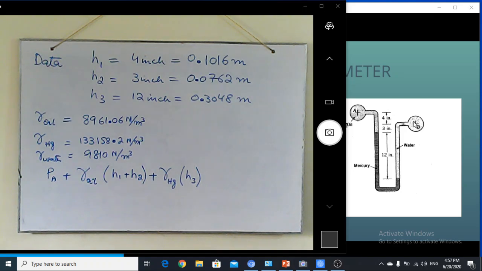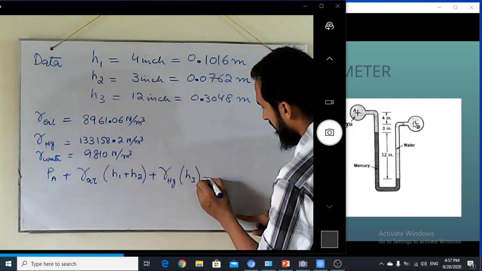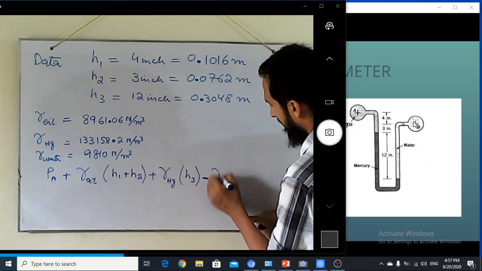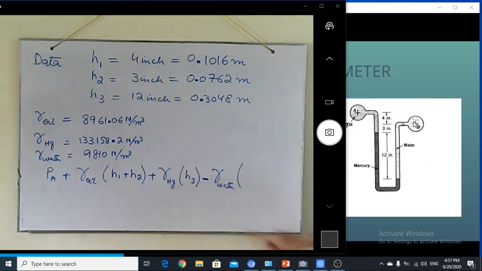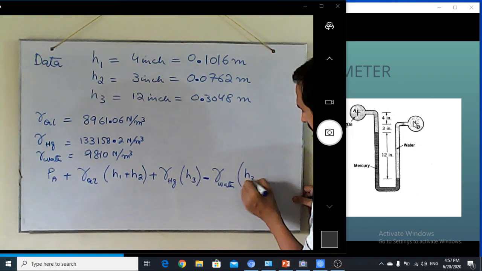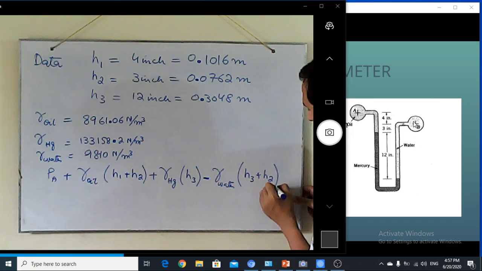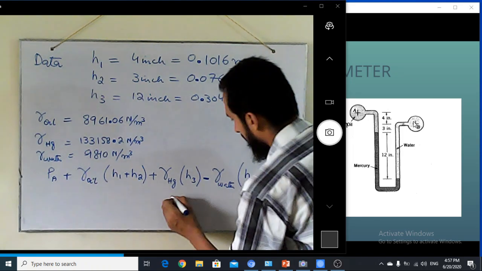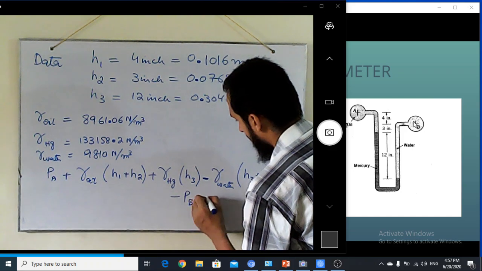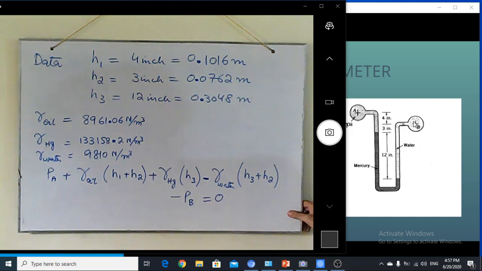So I will subtract the specific weight of water multiplied by both heights h3 and h2, the 3-inch height, because both heights are covered by the water. Then I have to subtract the pressure at point B and equate it to 0.